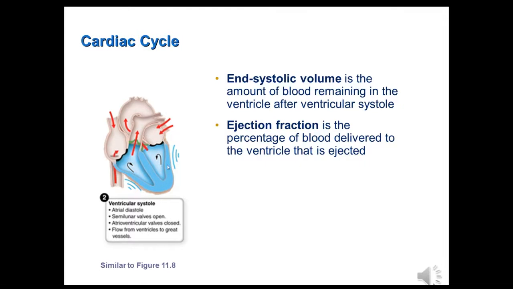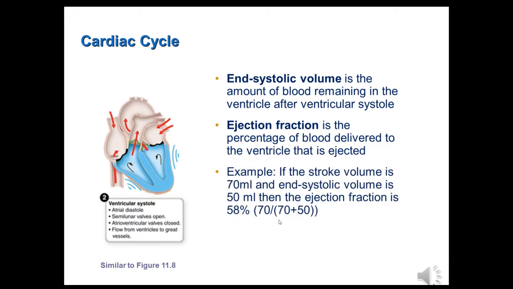So in other words, and I'm just pulling these numbers, if 100 milliliters was the end diastolic volume, and after contraction, the end systolic volume was 20, then the ejection fraction would be 80%, because 80 of that original 100 would have been expelled. Okay, right? And here's just another example. If the stroke volume is 70 and the end systolic volume is 50, then the ejection fraction is 58%.